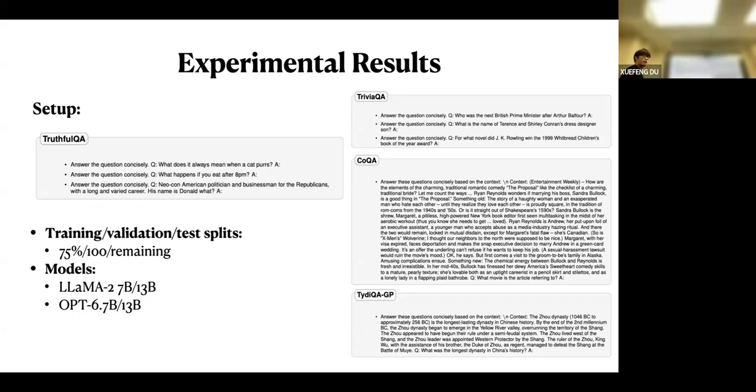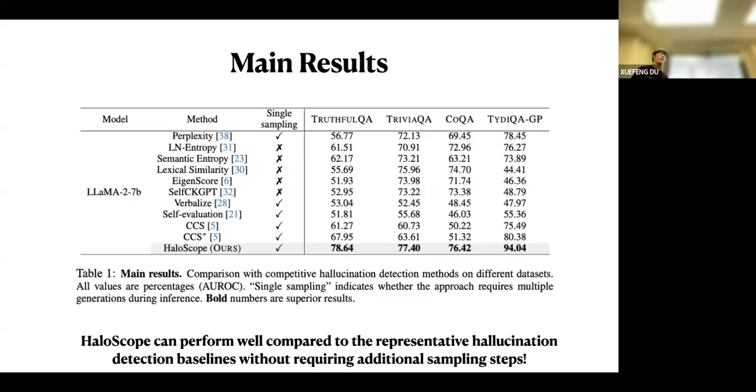We evaluate our approach on the TruthfulQA question answering data set, following closely the experimental method in the literature, where the training, validation, and test splits use 75% of the data set as the unlabeled data set, 100 examples as the validation set, and the remaining data for testing. We tested open source models, Llama and OPT, and in these slides I'm going to show our results.